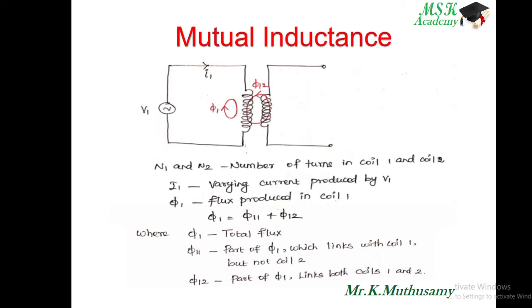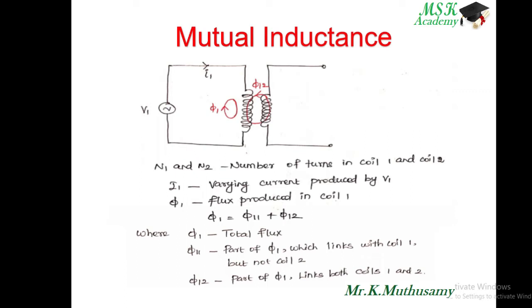We are applying alternating voltage to coil 1. We find the EMF produced in coil 2. According to Faraday's law, due to the rate of change of flux, an EMF value is produced in the coil. Here, we are applying alternating voltage. It consists of a positive half cycle and a negative half cycle.